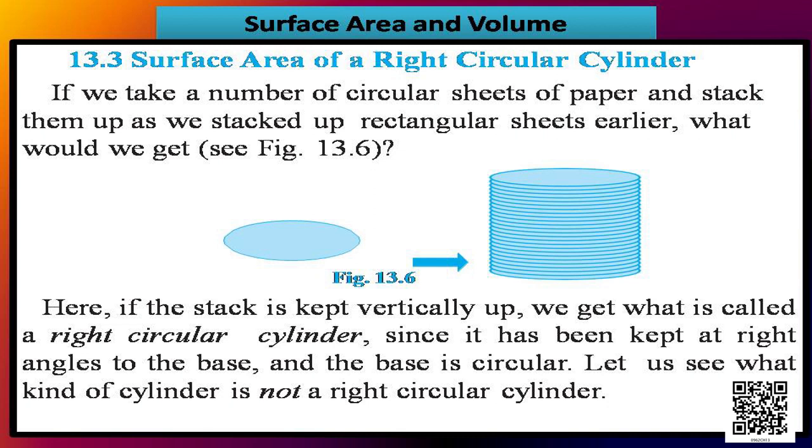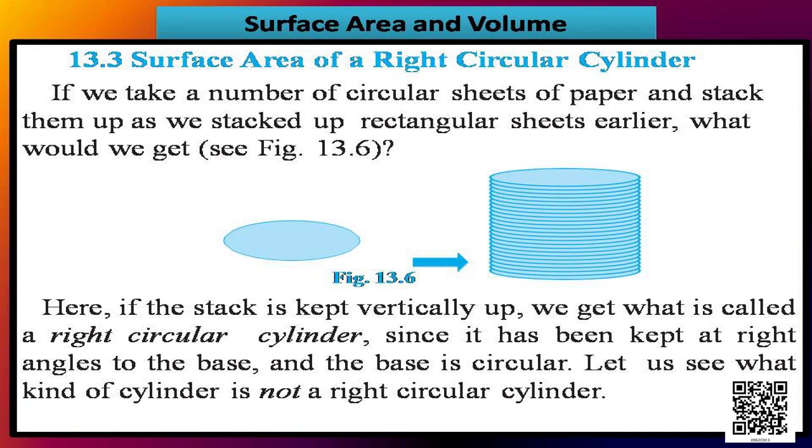If we take a number of circular sheets of paper and stack them up, as we stacked up rectangular sheets earlier, what would we get? Here, if the stack is kept vertically up, we get what is called a right circular cylinder, since it has been kept at right angles to the base and the base is circular.